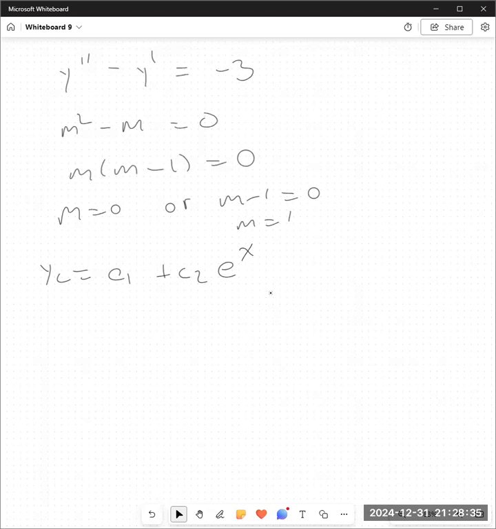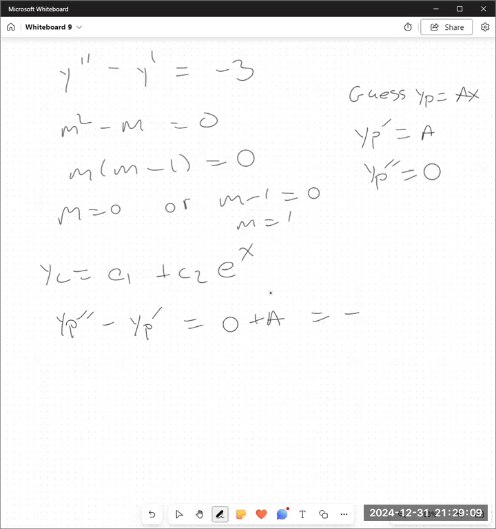So my problem is that I would normally guess yp is equal to a, but I can't guess that because that's the same thing as c1. So I'm going to have to take it up a degree to make it yp equals ax. So that makes yp prime equal to a and yp double prime equal to 0. So yp double prime minus yp prime equals 0 minus a, and that needs to be negative 3.